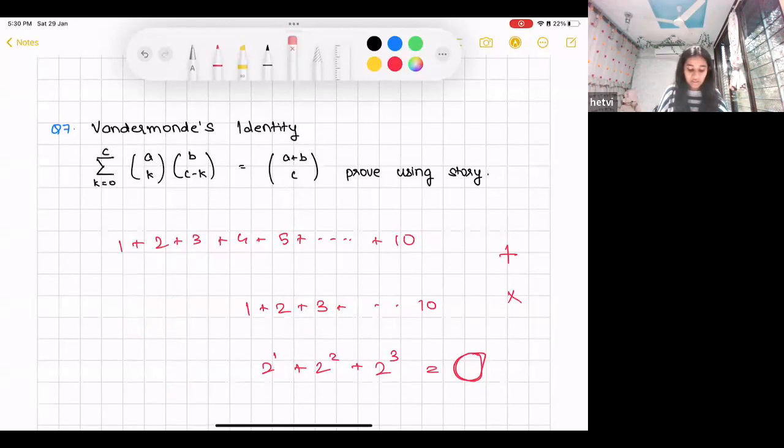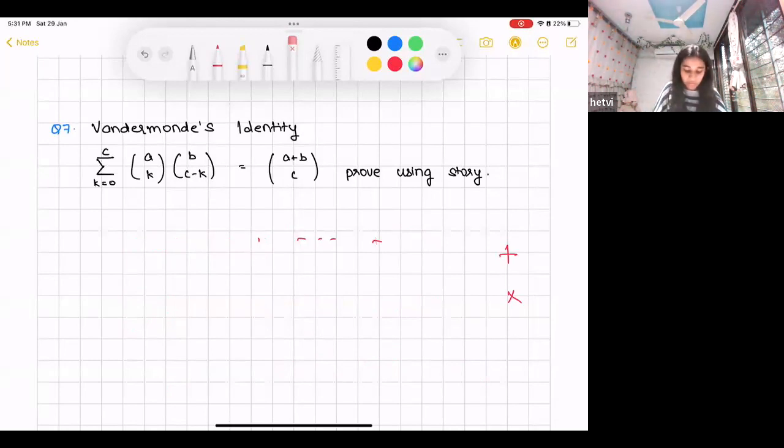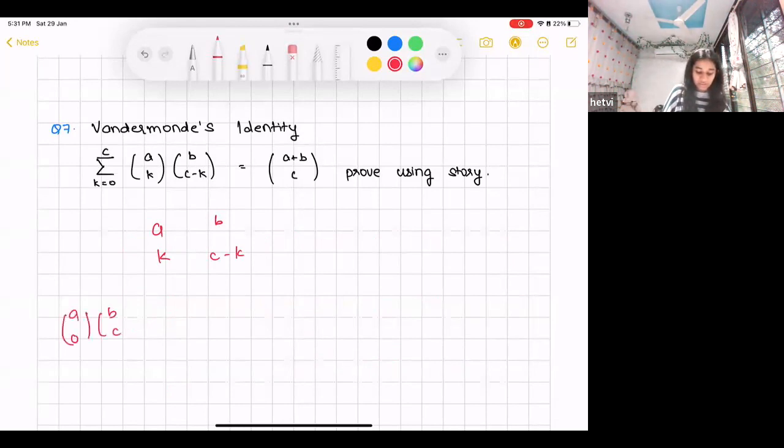Summation of A choose K times B choose C minus K, where summation goes from K equal to 0 to K equal to C. That means A choose 0 times B choose C, plus A choose 1 times B choose C minus 1, plus A choose 2 times B choose C minus 2, and so on.